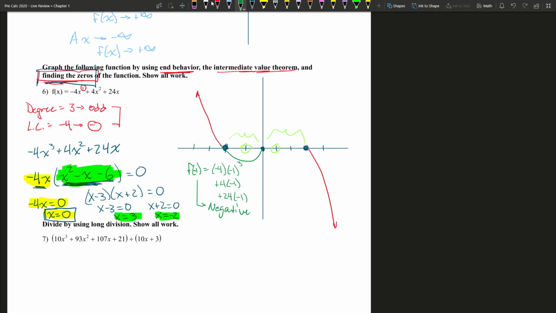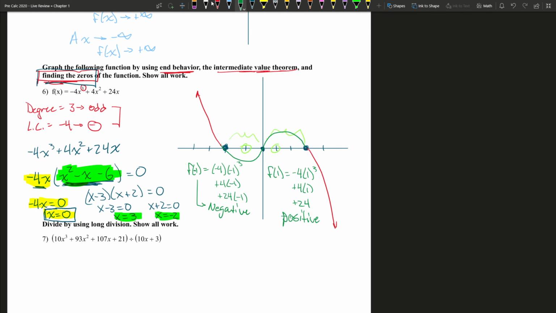So we plug in a number like positive 1, and this is going to give us a positive value. So our graph has to go up and then come back down. So our graph is roughly going to look something like that.